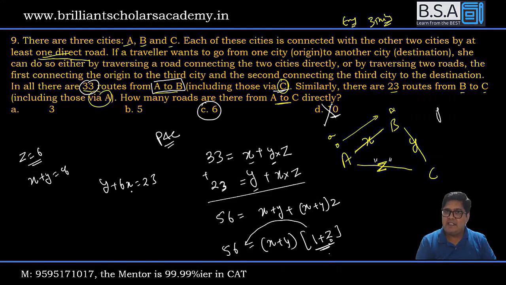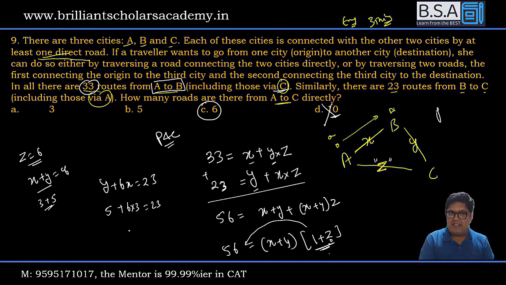How can you arrange X and Y so that the addition becomes 8 and this also becomes true? X cannot be beyond 3. Maximum X can be 3. I'm testing. 6 into 3 is 18. 18 plus 5 is 23. So I'm getting the value 3 plus 5, which is matching in both places.